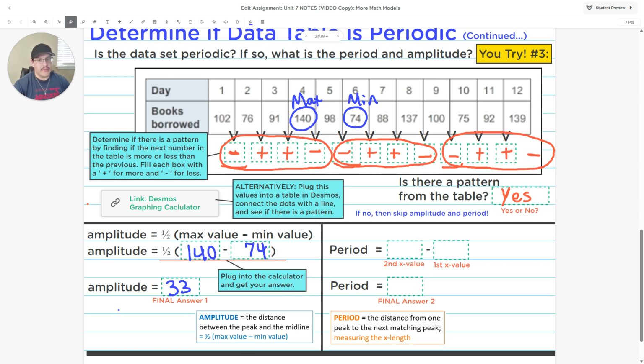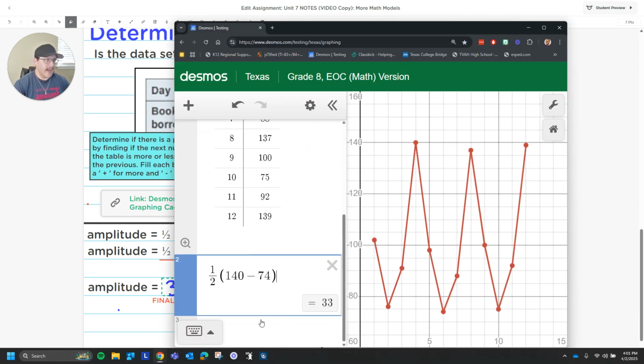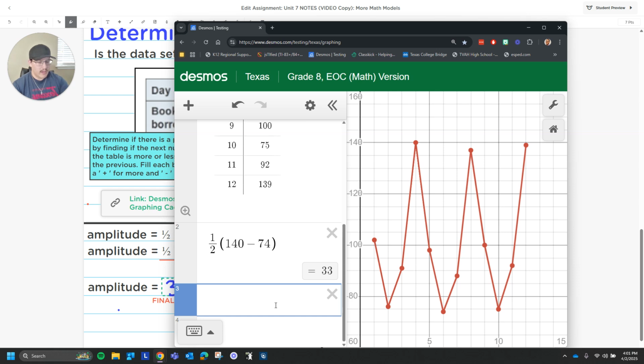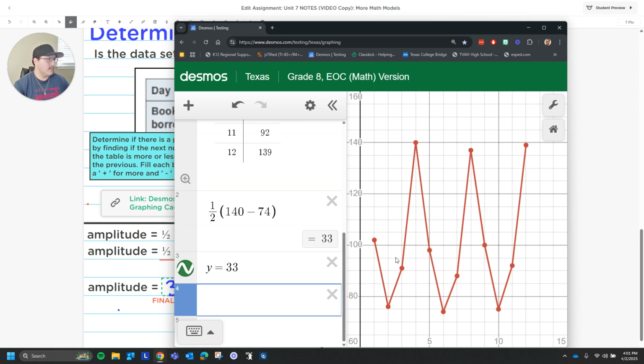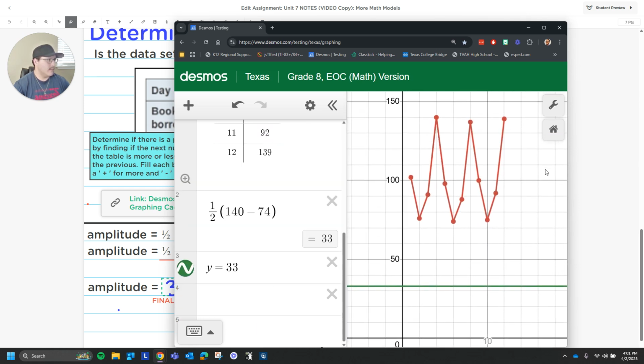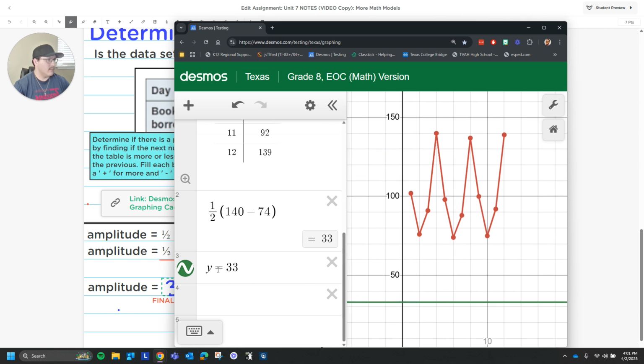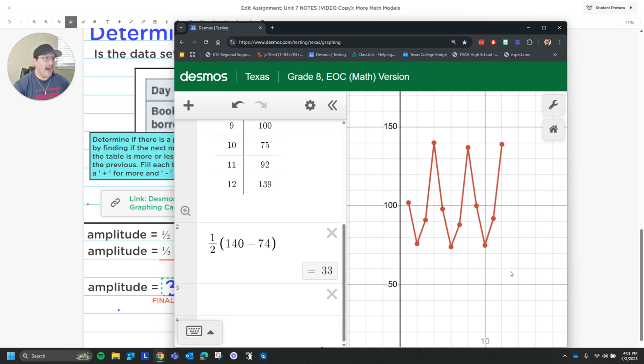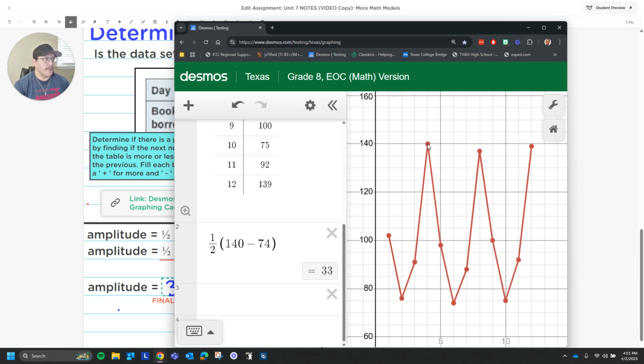Which is essentially the midline. If you want to see the midline on here, you could create an equation. Y equals 33, I believe. Oh, no, I'm sorry. That's wrong. It's not y equals 33. It's 33 from right here.